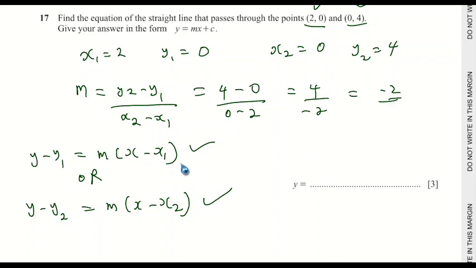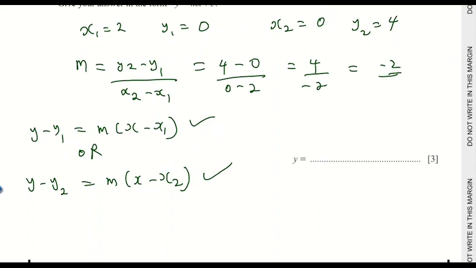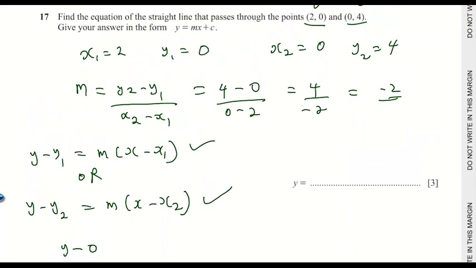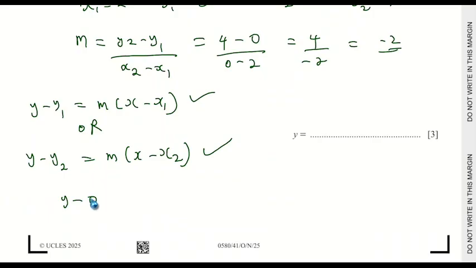Because the straight line passes through them. So I'm going to use the first one, y minus y1. So y minus y1 is y minus 0, equals negative 2 into x minus x1, which is 2.